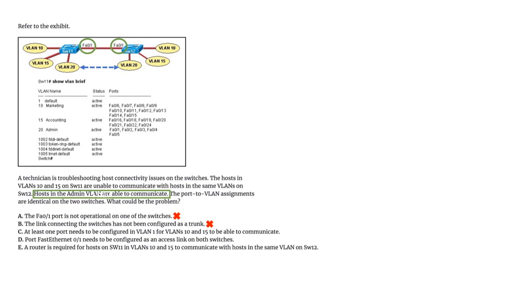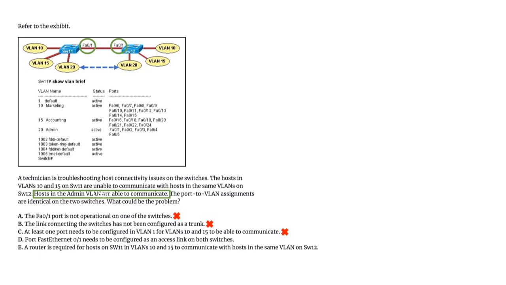C says at least one port needs to be configured in VLAN 1 for VLANs 10 and 15 to be able to communicate. Well, once again, this is looking at VLAN 20, and does it need anything configured in VLAN 1? No, it doesn't. It's able to connect without that. So that's not correct.